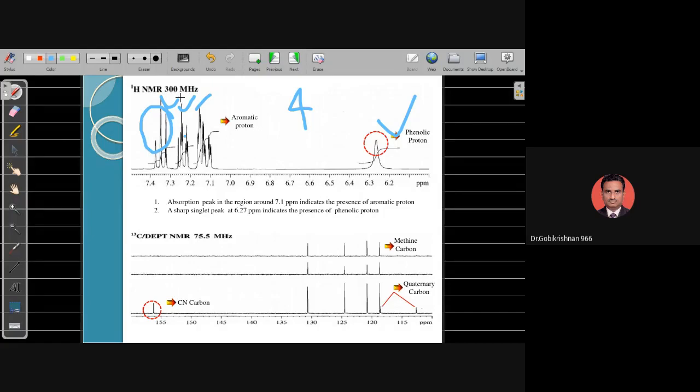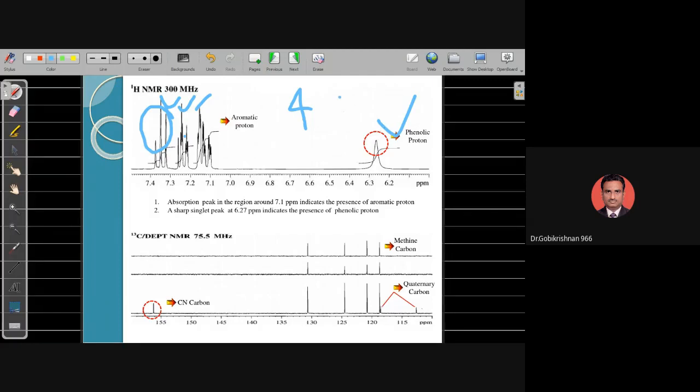Normally the aromatic protons are highly de-shielded protons, that's why they are shown in the extreme left of the spectrum. The single proton like this indicates the phenolic proton.